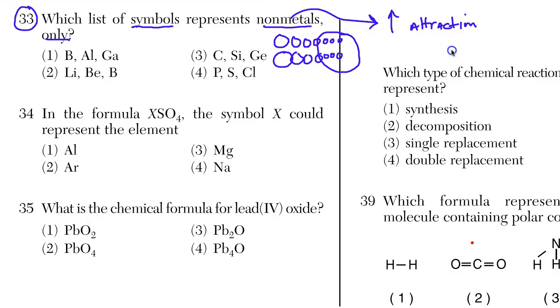Their nuclear charge, or their positive nucleus, pulls in electrons very, very well, and are able to attract other, and we call that attraction for other people's electrons electronegativity. So they hold on to electrons tightly. In fact, they tend to gain electrons because of that and get reduced, gaining electrons, and become negatively charged.